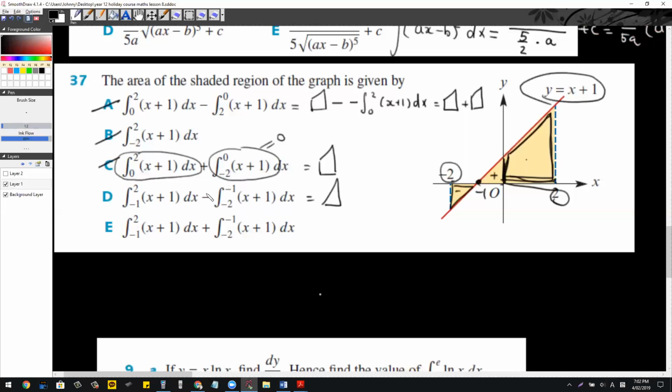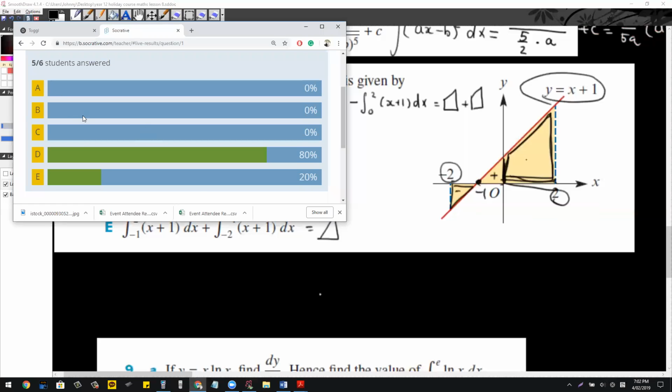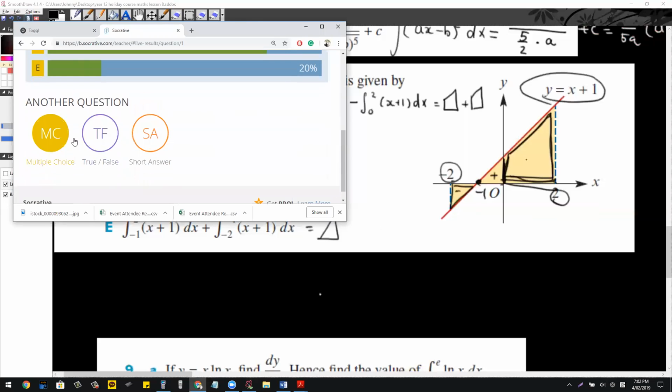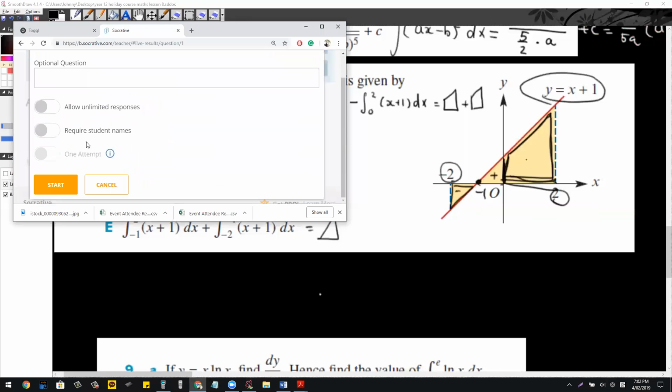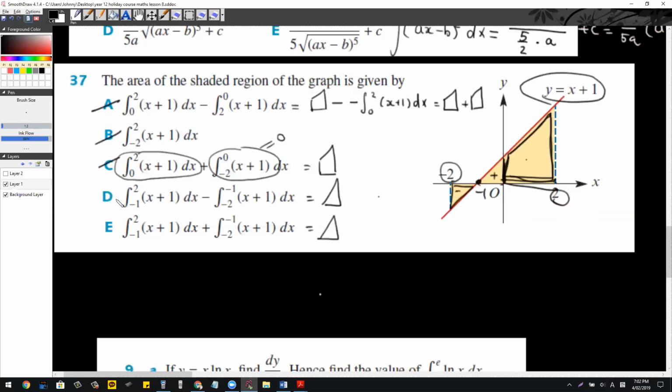So should we minus it? So the first bit is the triangle. And the question is, should we have a negative sign or positive sign? So let's go for this again. All right, so I want you to type your answer, please. Is it D or E?